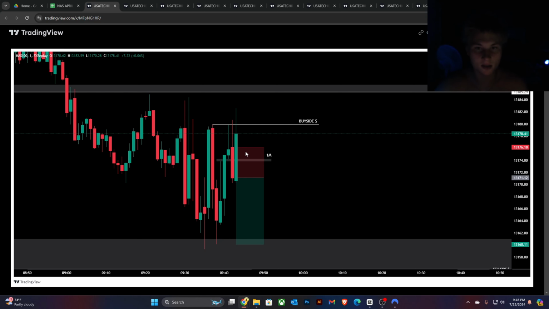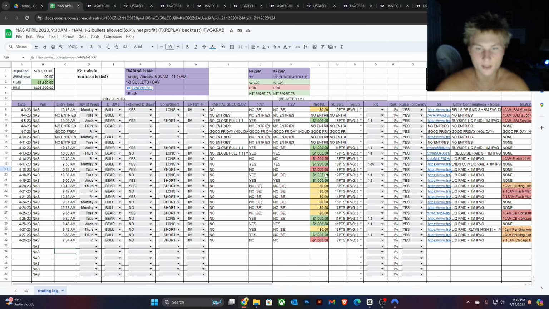I think the reason I took this was because I like the risk to reward to the next sell side liquidity level, which is why I didn't really care about having a huge liquidity sweep, which looking back I would definitely take something like this again, because for the risk to reward it's definitely worth it to take this inverse. We did have a liquidity raid, could have been a better liquidity raid above these highs, but it's never going to be perfect, so it was definitely worth the risk there. But yeah, good loss there.